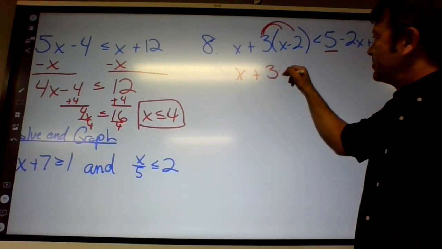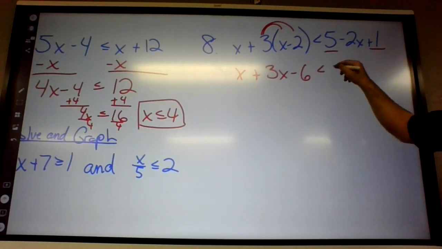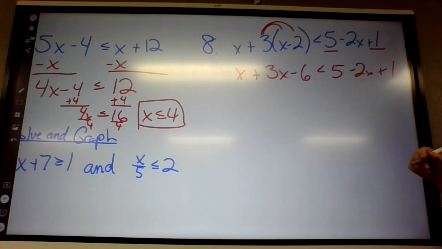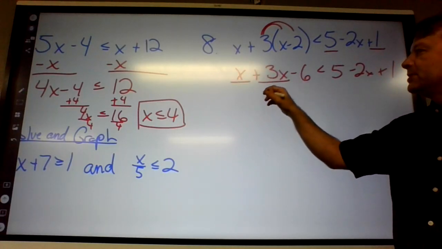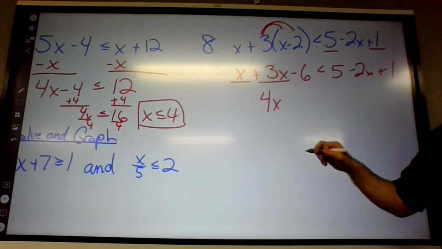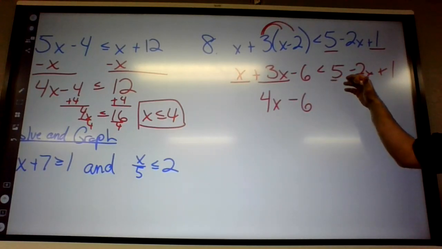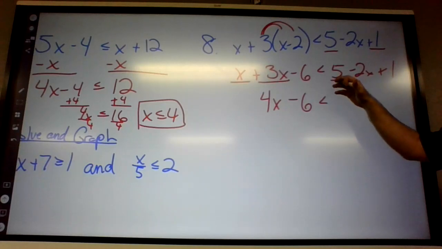So multiply comes before addition. Now what do I do? So we have 1x plus 3x is 4x, minus 2.